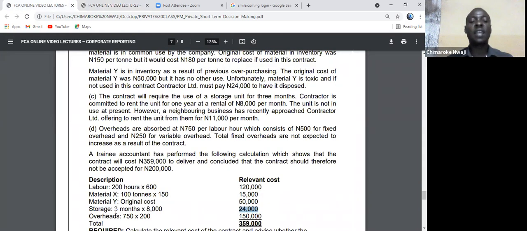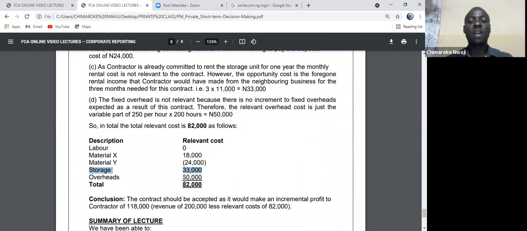Then for overheads, the man decided to put both the fixed and the variable cost together, 750 multiplied by 200, and got 150. And we said, no, we are going to use just the variable cost, and we did and got 50. So while he is getting 359, we are getting 82,000.